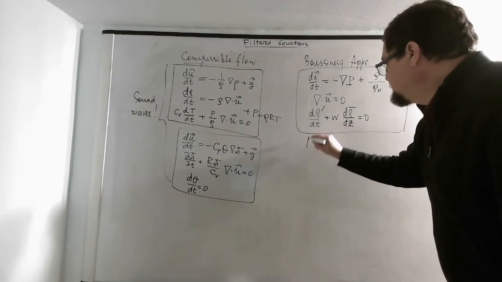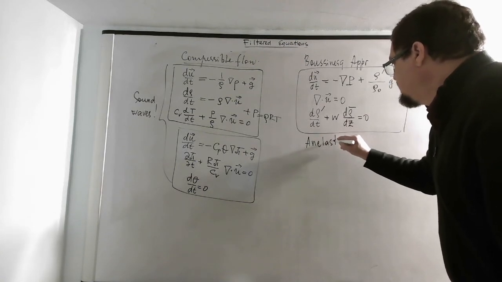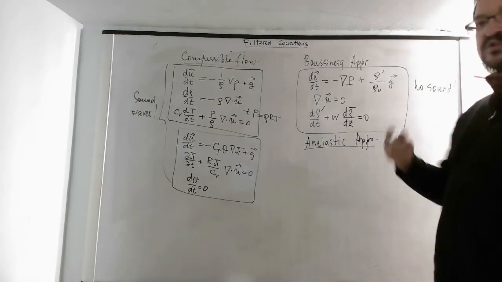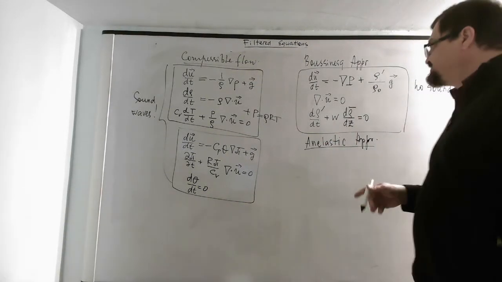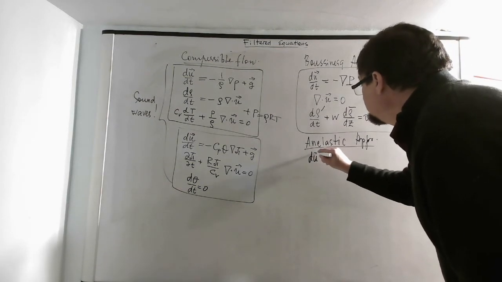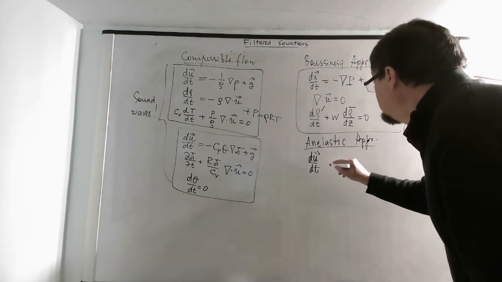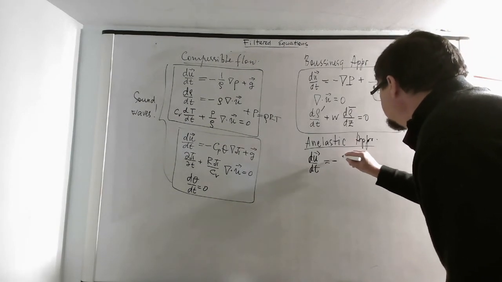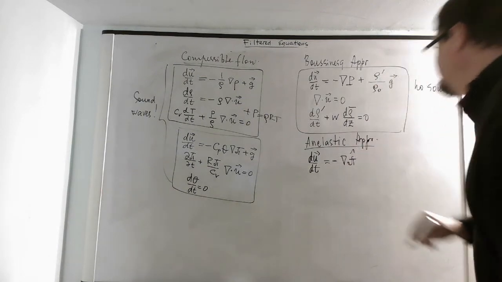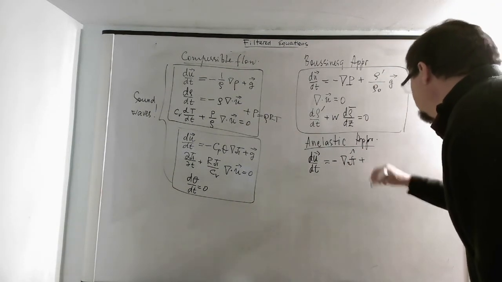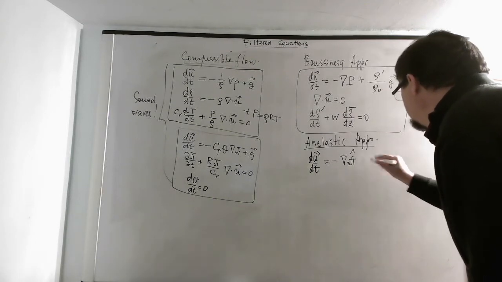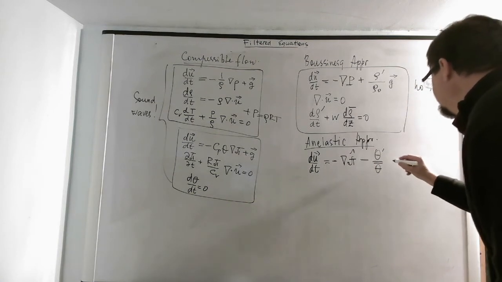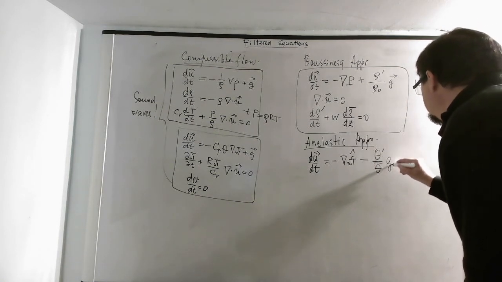And then anelastic. My model, for example, the SAM model, is an anelastic model. It's du dt equals minus gradient of pi, minus theta prime over theta reference state times g.